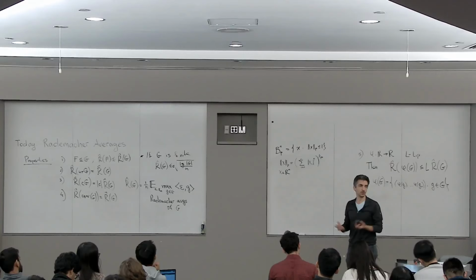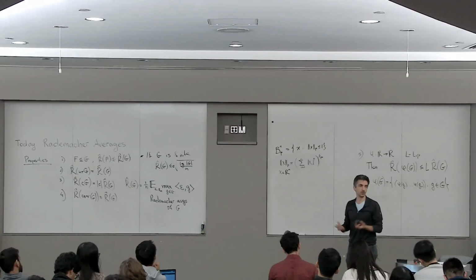So that's expectation with respect to all the epsilons, max over g in this ball, and what we know is that its norm is less than 1. And let's put 1 over n here. Okay?